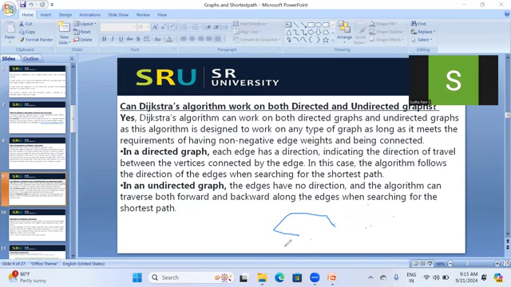That is possible in undirected graphs. Whereas in directed graphs, you have to traverse only in the direction which is defined. You cannot go in other directions. In some shortest path algorithms, only directed graphs are supported, and in other algorithms, we can use either directed or undirected graphs. Here, Dijkstra's algorithm supports both directed graphs as well as undirected graphs.